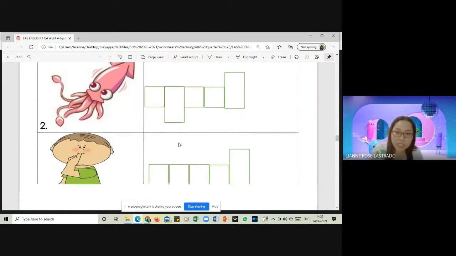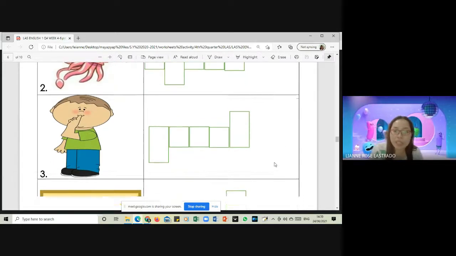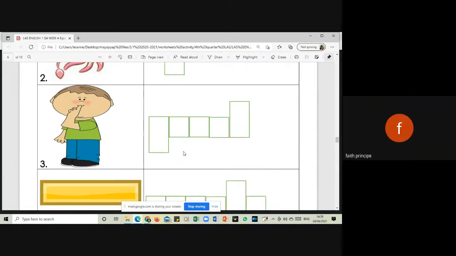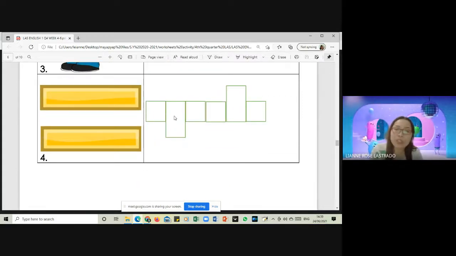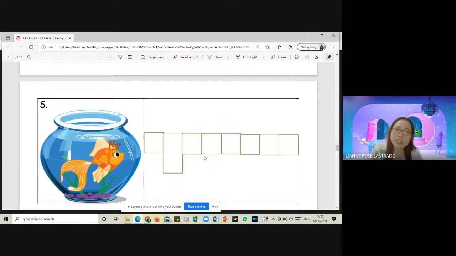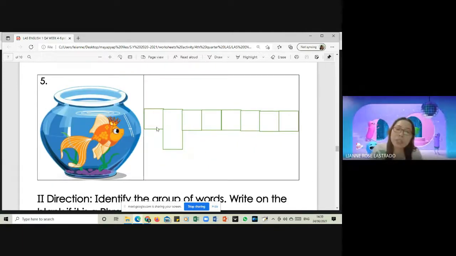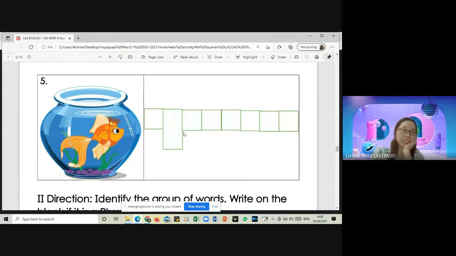Okay, check your answers if it's correct. How about this one? Number three, what's the answer? Quiet. Okay, very good. And how about number four? Equals. Okay. And how about number five, Lebron? What's your answer? Aquarium. Very good. It's an aquarium.